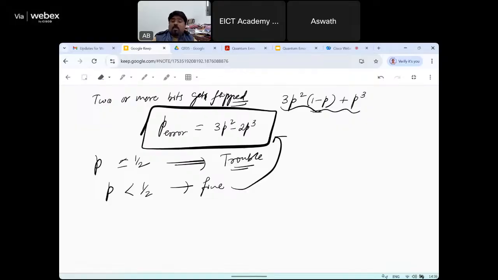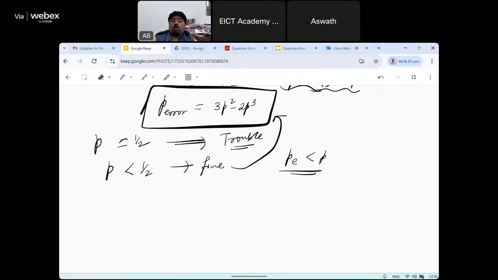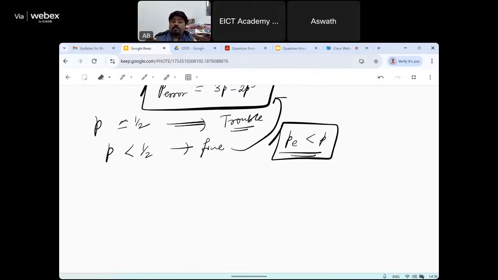This will tell me the error is much smaller. How is it smaller? Because p of e is going to remain smaller than the actual p we are taking. So you can have success in your correction code. This is important, so the flip percentage should be less than 50%.